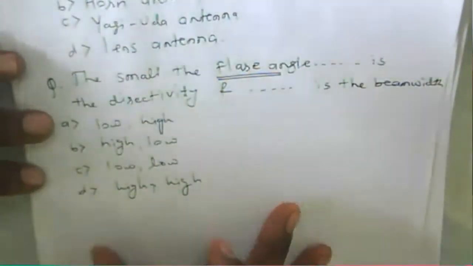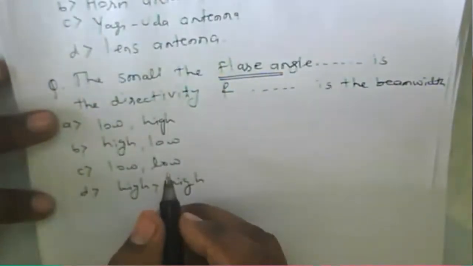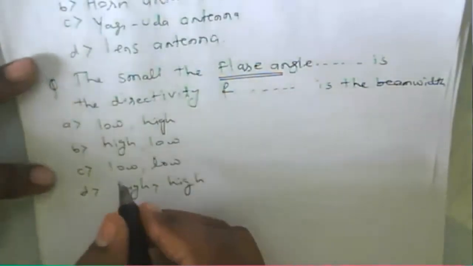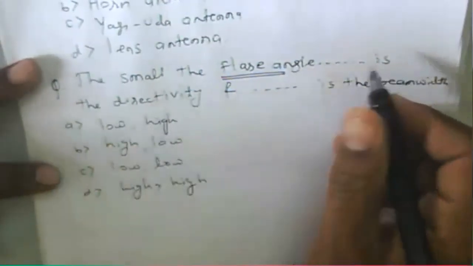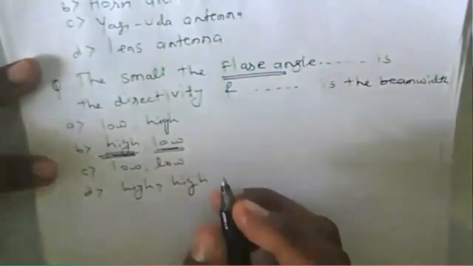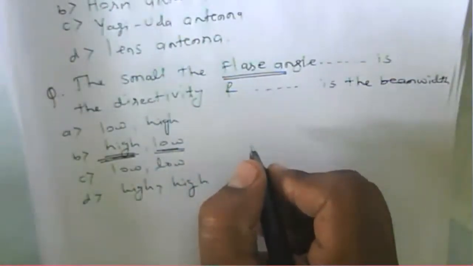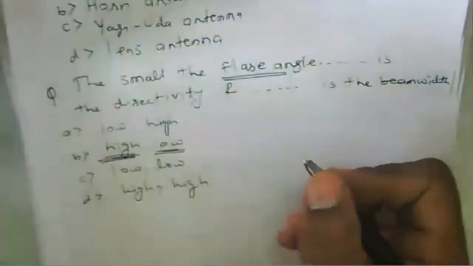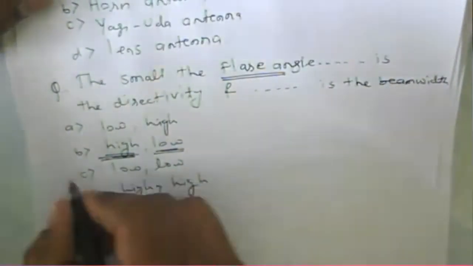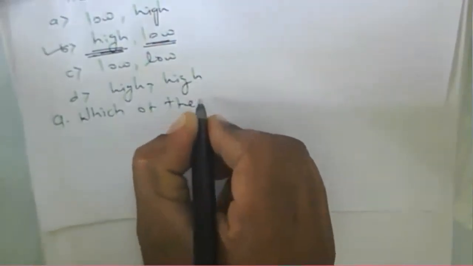The small flare angle gives high directivity and low beam width. If directivity is higher, then beam width will be lower. So just remember the answer: B is the correct one.